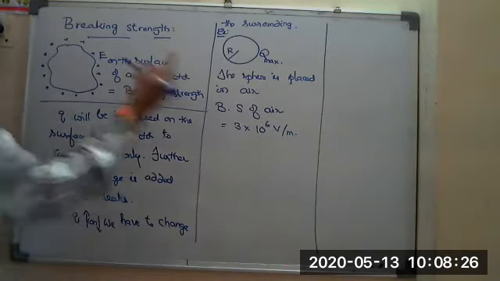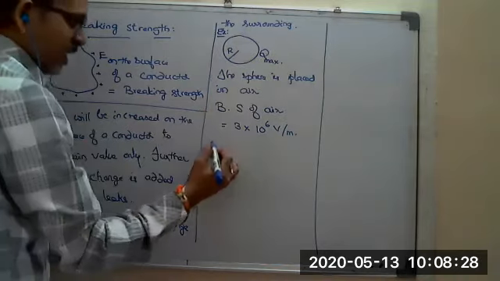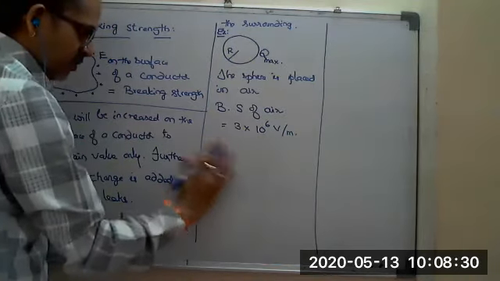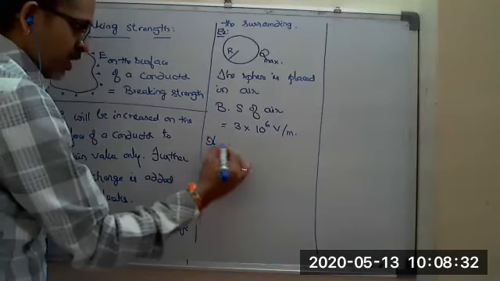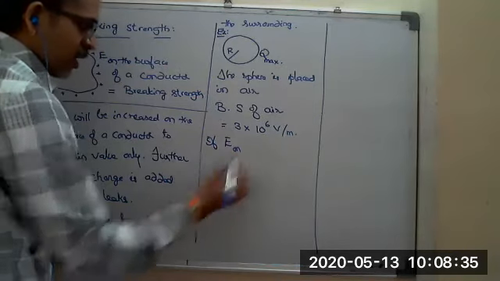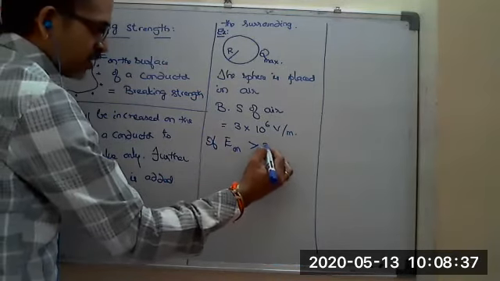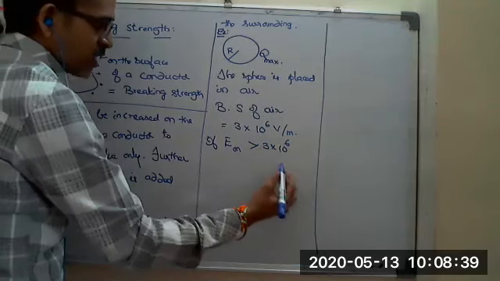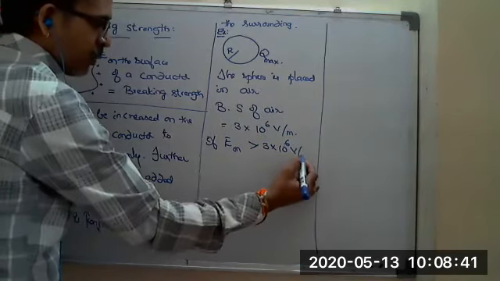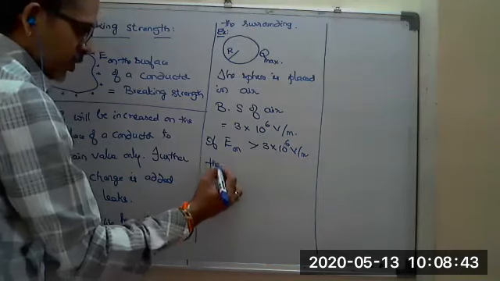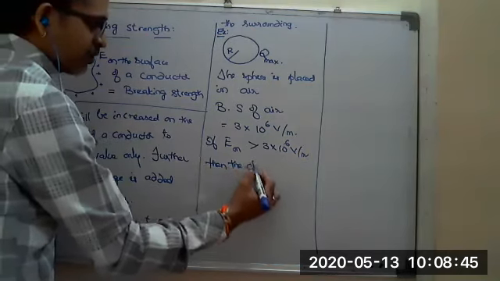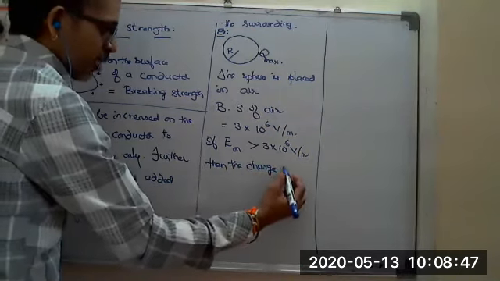But if E on the surface is greater than 3 into 10 power 6 volt per meter, then the charge added will be leaked out.